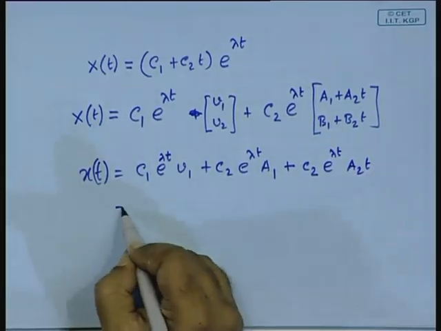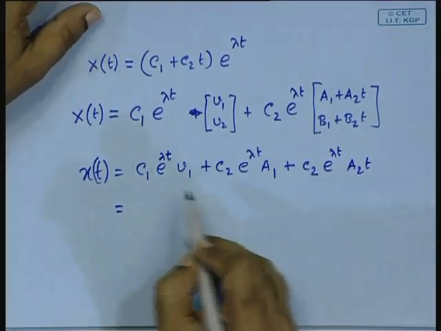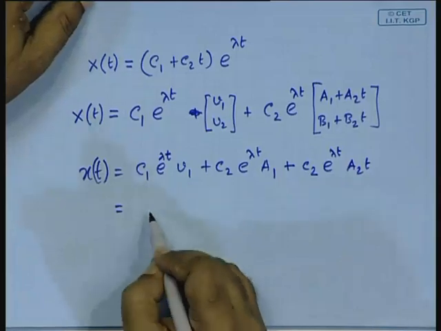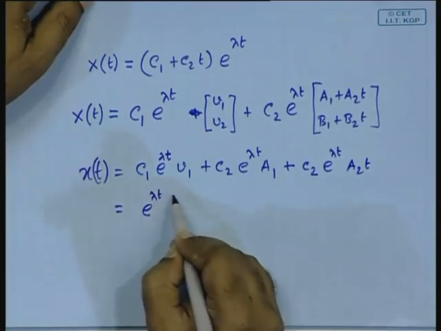Now, we can club them as e to the power lambda t times something.